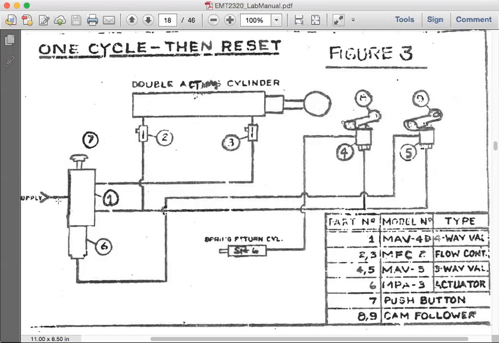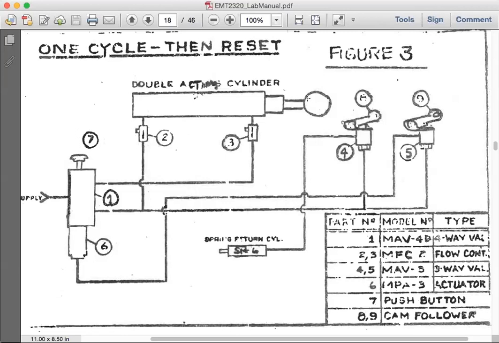Okay, so if you have to describe how this system works, you would say: you activate the stem, number 7, pressure switches from the top to the bottom and extends the piston.